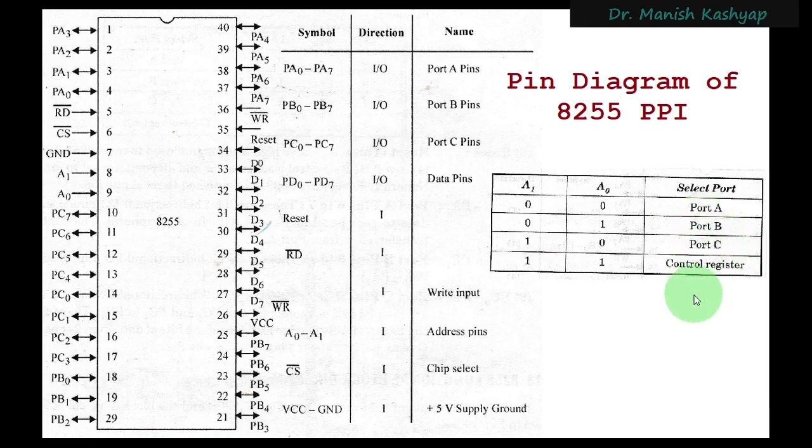Or you can say you have two groups. One group has port A and the upper part of port C, and the second group, group B, has port B plus the lower part of port C.